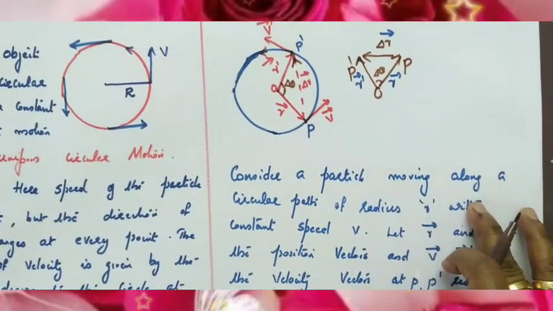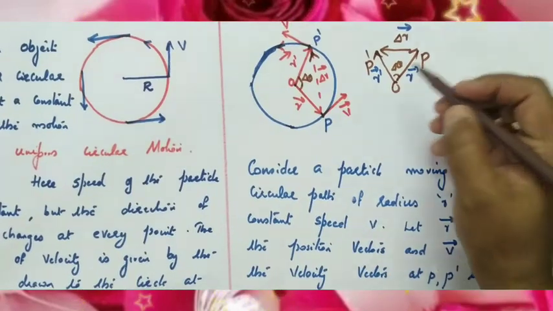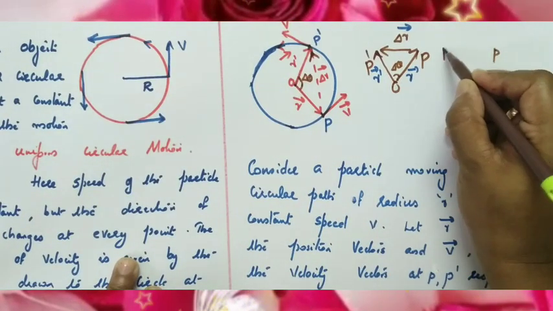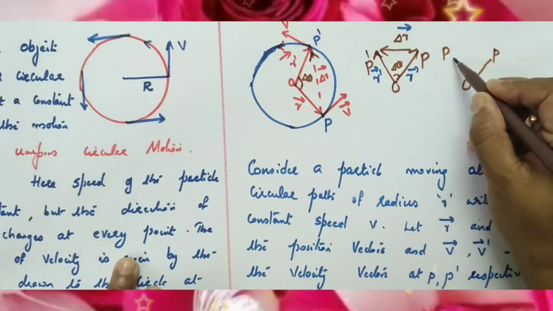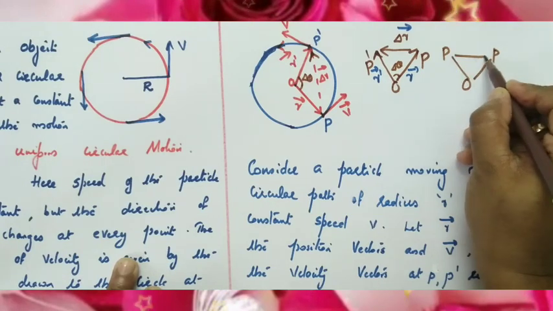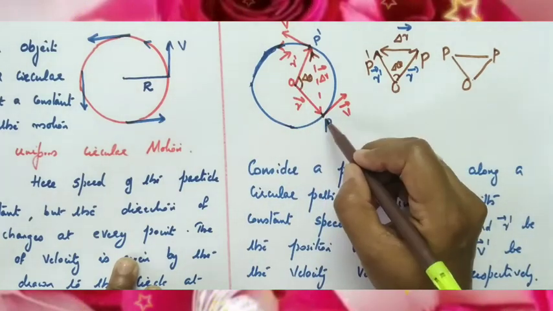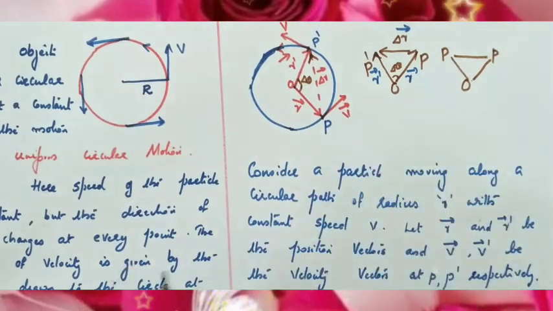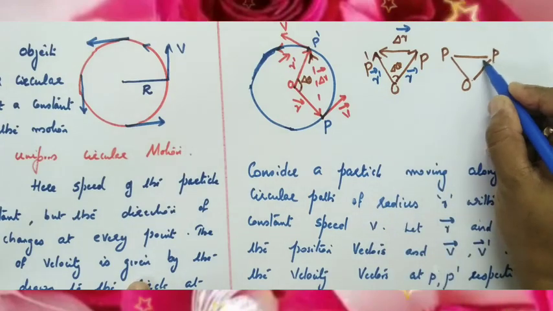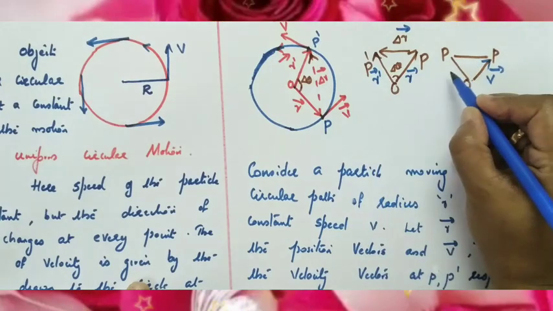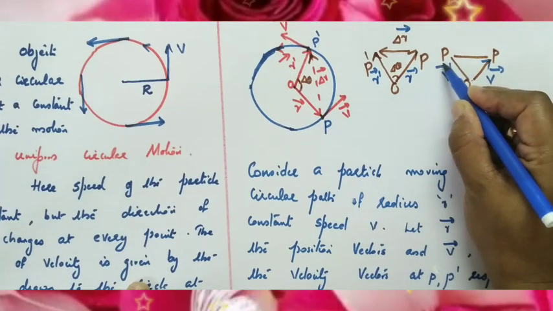Similarly, we can draw velocity vector like this. At the point O, P, here P dash, corresponding to OP, there is a velocity vector, vector V. Corresponding to OP dash, there is a velocity vector, vector V dash.